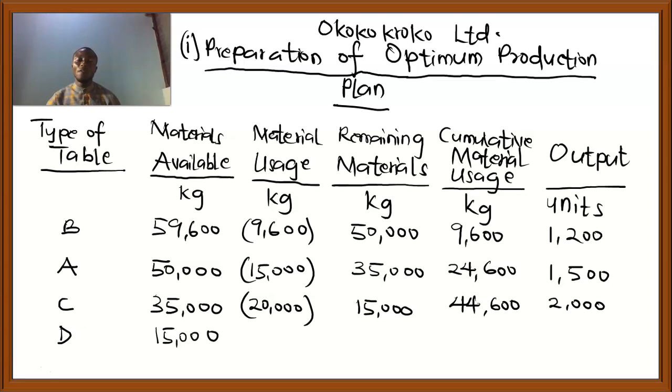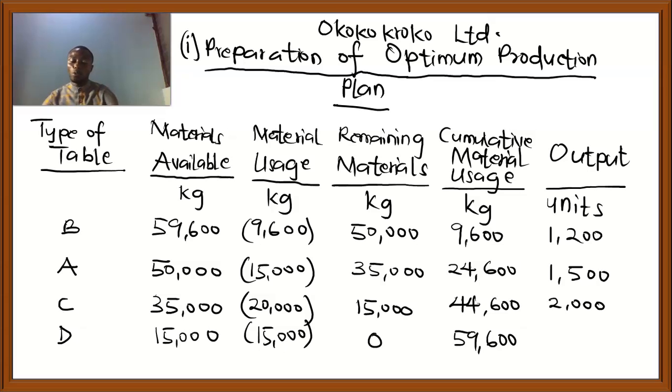Because we only have 15,000 left, the maximum we can use is the same 15,000. So the remaining materials will be 0. And now the cumulative materials used will become 59,600. This is the total number of materials available.